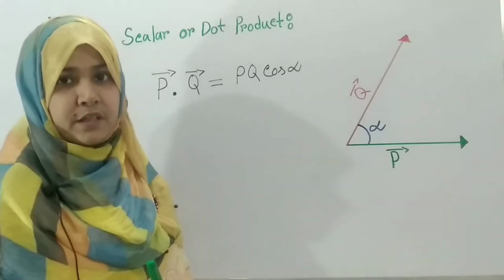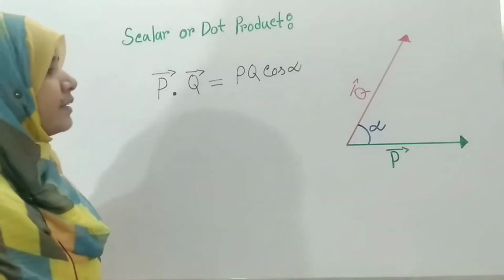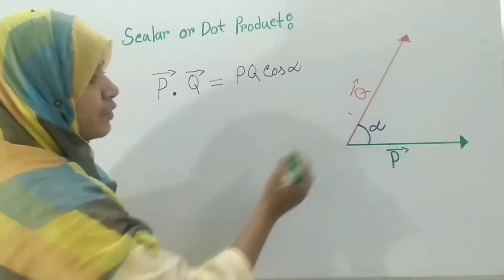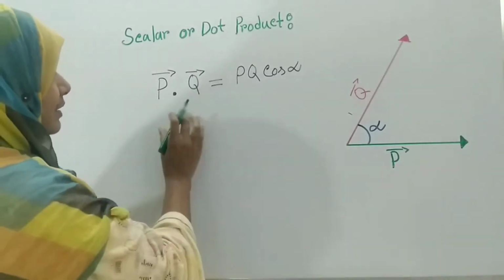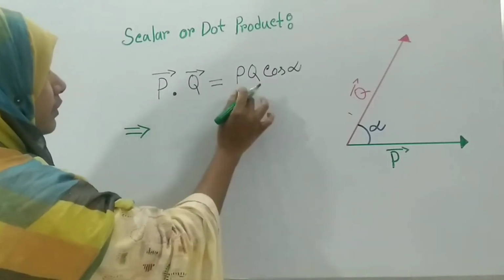Second property. In this equation, we can easily identify the angle between these two vectors. Here you can see that P dot Q equals P Q cos alpha.